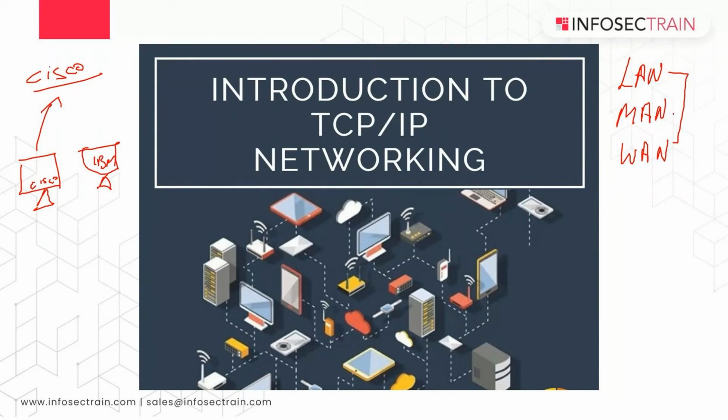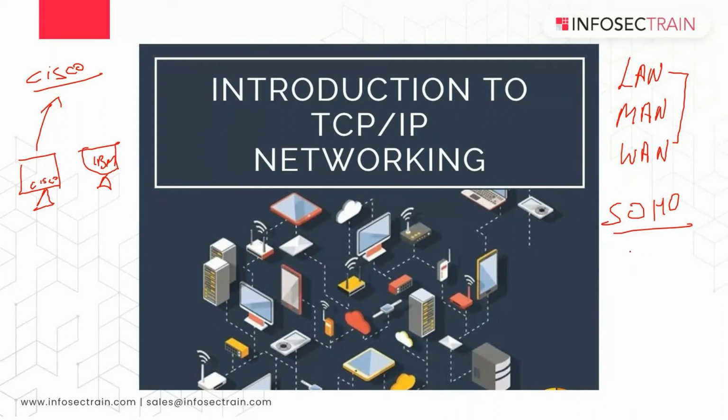So when I'm talking about local area network, it means the network which we are connected in, like at our homes. It can be inside a small office, home office network. Can I call it a SOHO network, small office, home office? Yes, correct. So local area network covers a very small area, but it's not that small.